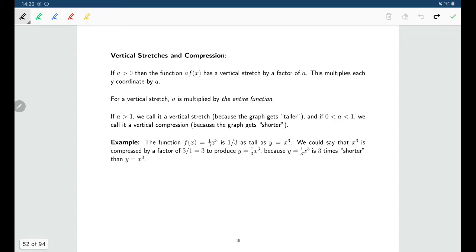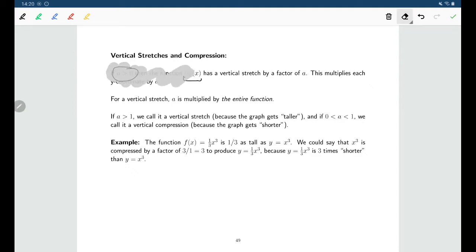So when we have our function being multiplied by a constant, and here we're imagining that this constant is positive for now. We'll talk about what if the constant is negative. But if we've got a positive constant multiplying our entire function, that represents a vertical stretch by a factor of a.